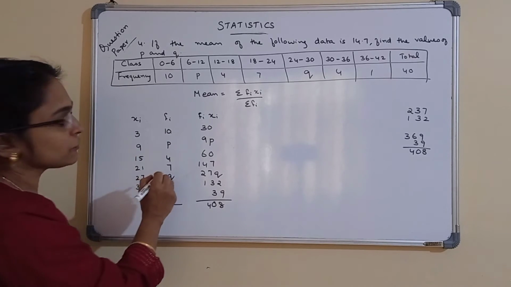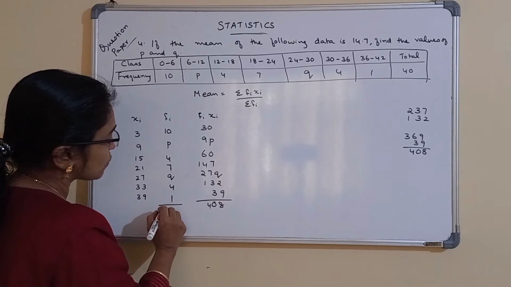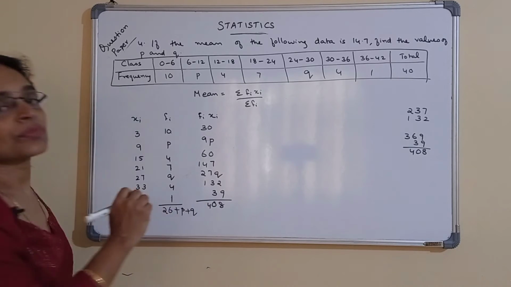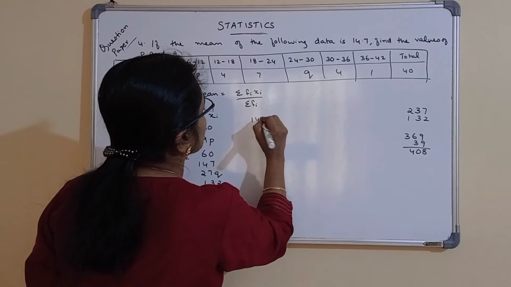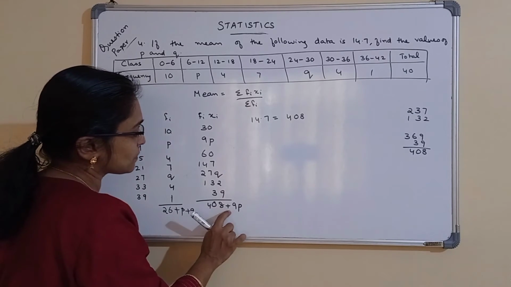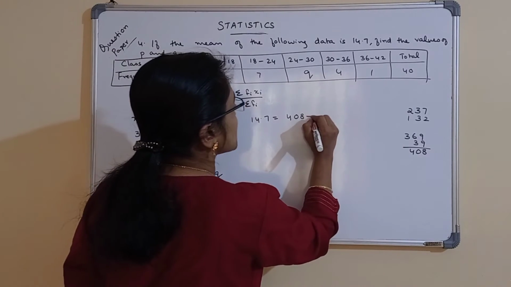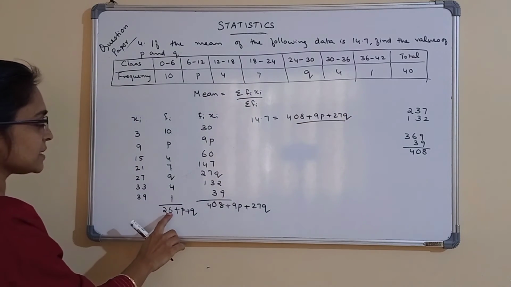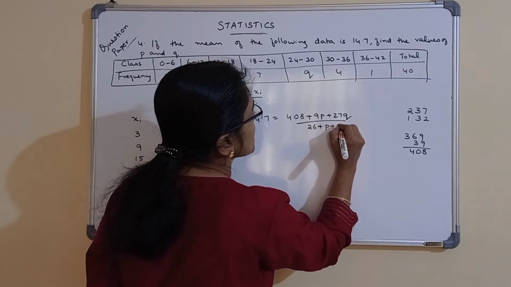10 plus 4, 14. 14 plus 7, 21. 21 plus 4, 25. 25 plus 1, 26. So this is 26 plus P plus Q. Now we have mean is 14.7. 14.7 is equal to sigma Fi xi by sigma Fi. This is 408 plus 9p plus 27q by sigma Fi, which is 26 plus p plus q.